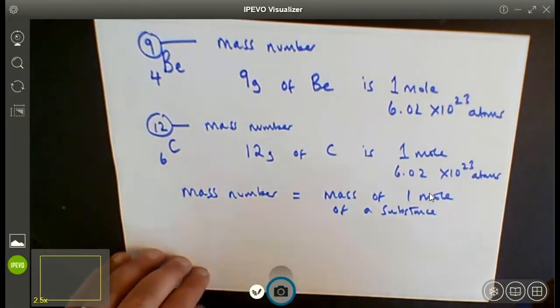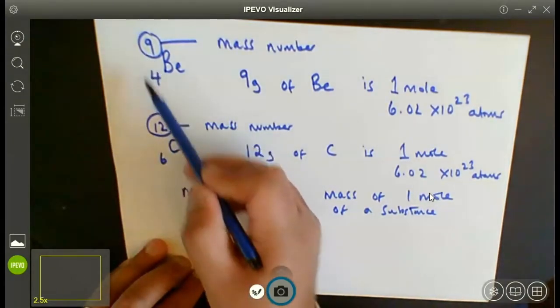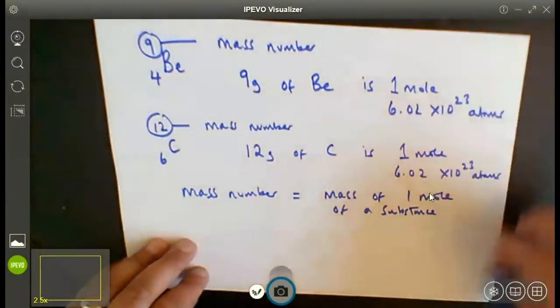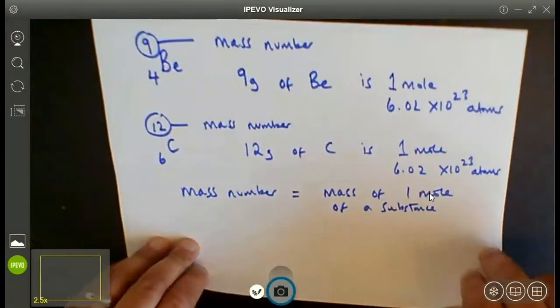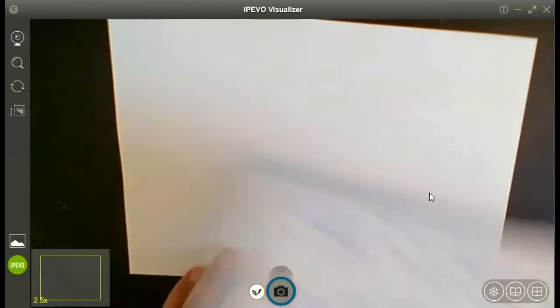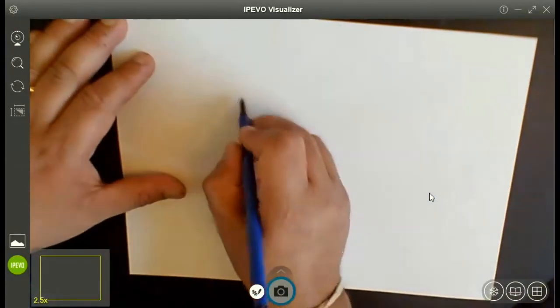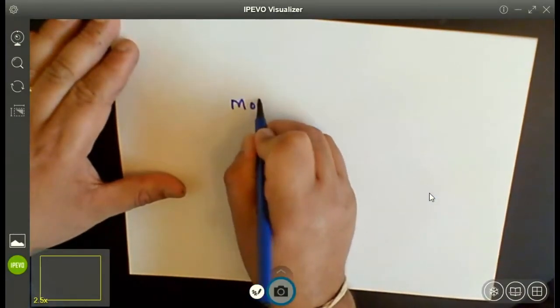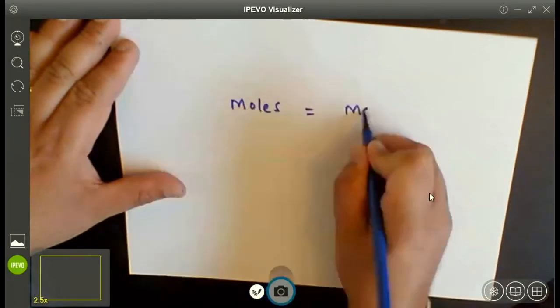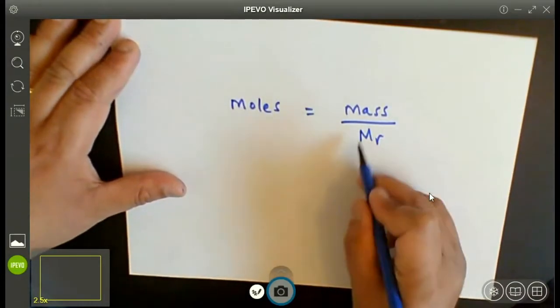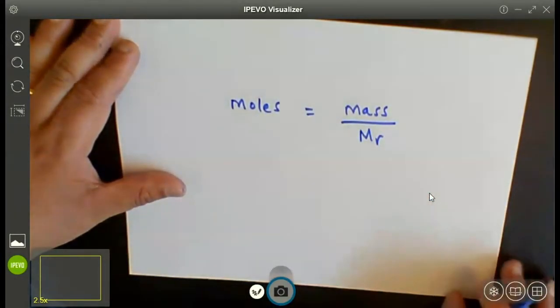Now, in reality, when we're doing chemistry, we never use these large masses. We only use small amounts or small masses of substances. And so we've got this really important equation you would have come across. It would be moles is equal to the mass over the Mr. Now the Mr could be the molecular mass, the whole molecule.